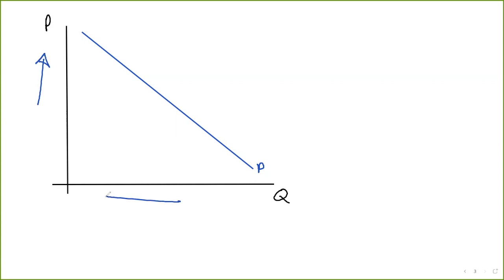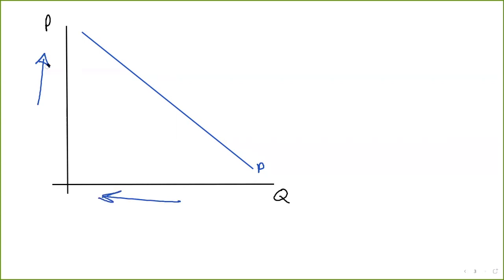So quickly, I'll summarize what we've learned so far in this module. First, we have demand, and we know demand slopes downward because as prices increase, the quantity we're willing to purchase decreases.